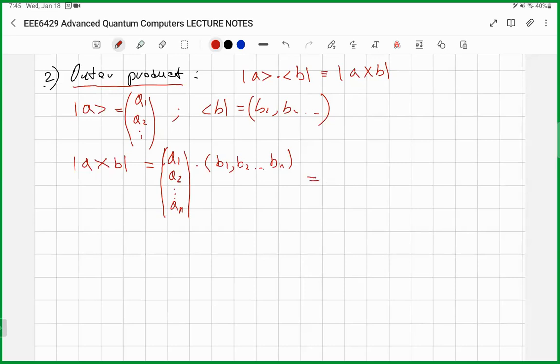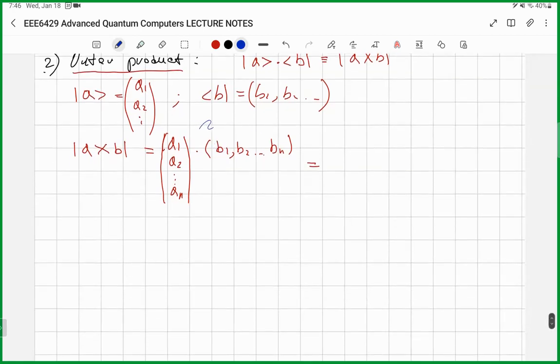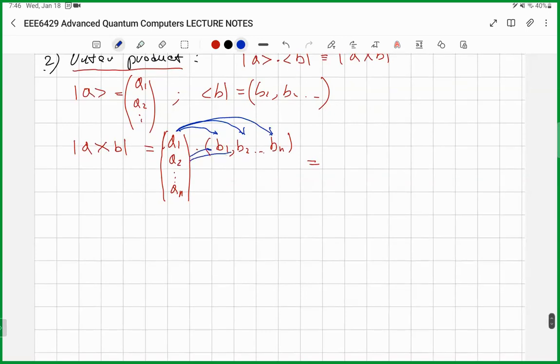And this is something new, right? Because according to the matrix product rule, we have to take the elements from a row of the first matrix, then multiply by elements of the column. But now we have the column in first place and the row in the second one. So basically, this product gives me a matrix of elements A1, B1, then A1, B2, etc., and basically all these products of elements.